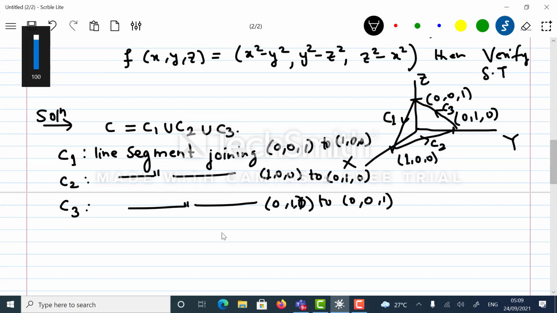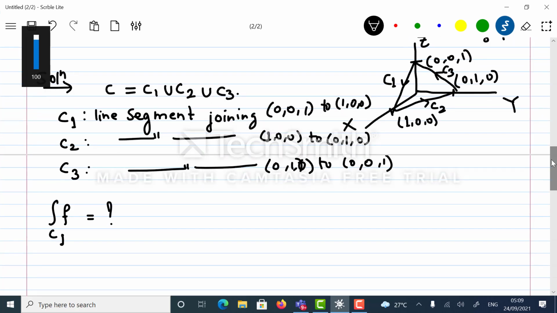So let's find the line integral along C1. This we will calculate first. I need a parameterization.